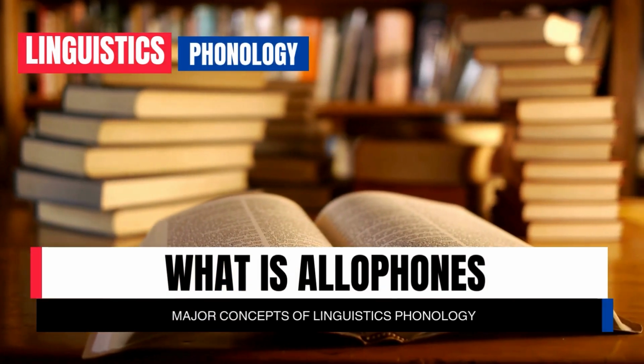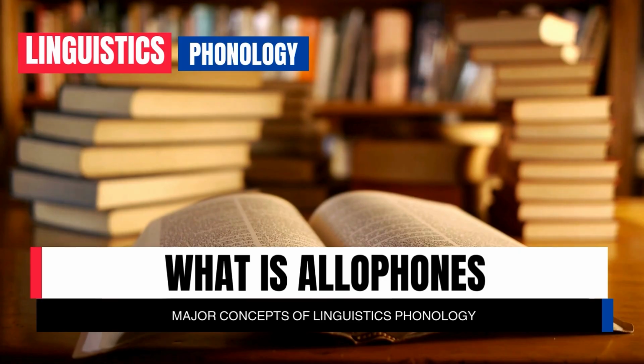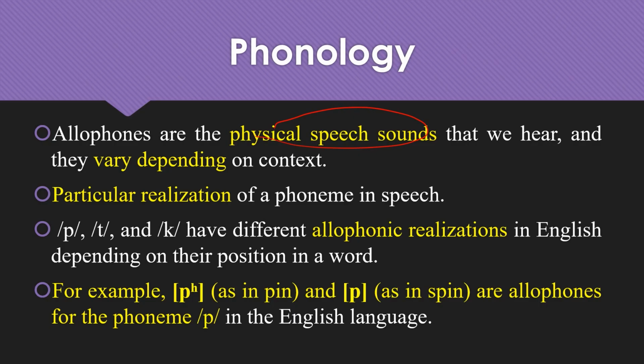Allophones are the physical speech sounds that we hear, and they vary depending on context. Allophones study particular realization of phonemes in speech. For example, we have p, t and k having different allophonic realizations in English depending on their position in a word.